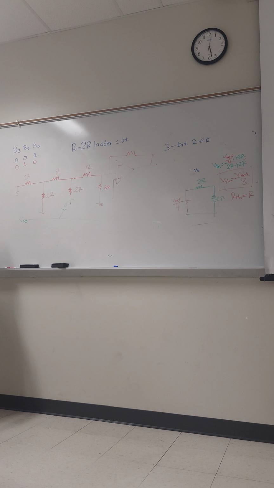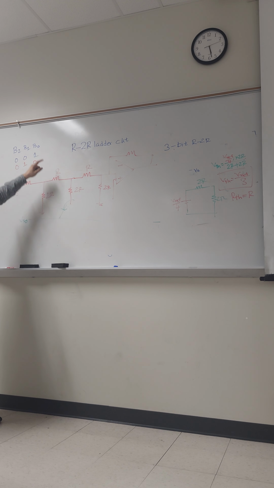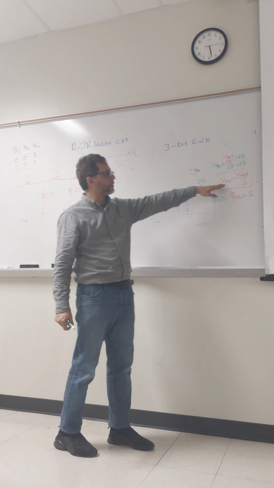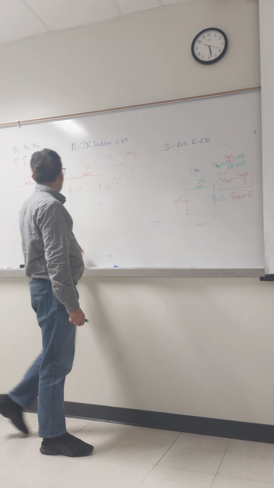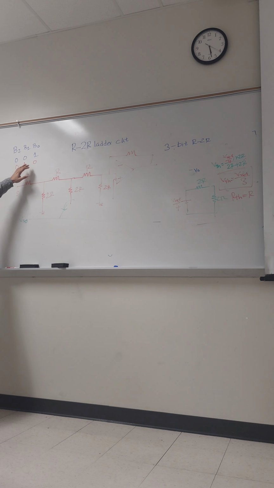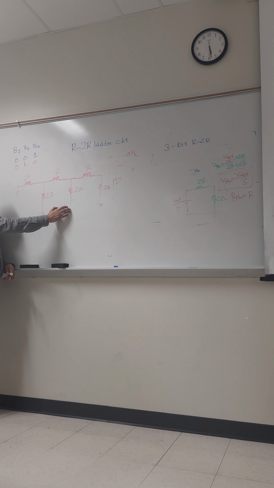Now again you have to find out the equivalent Thevenin voltage and the Thevenin resistance, right? And finally we need to reach here. We saw whenever we have 0, 0, 1, we got this equation: VTH equals V reference over 8 and RTH equals R. Now we need to find out the same for 0, 1, 0. As we don't have any reference voltage here, we just have reference voltage here.